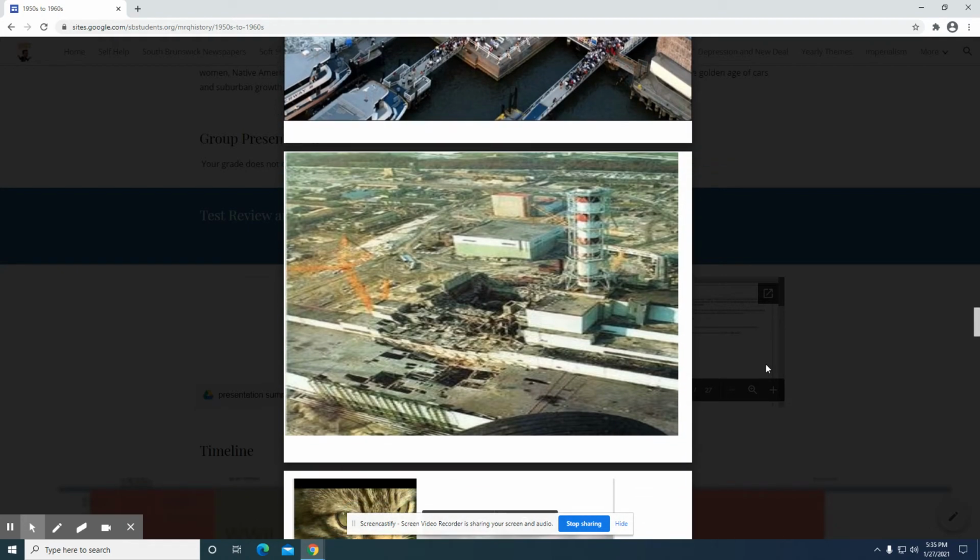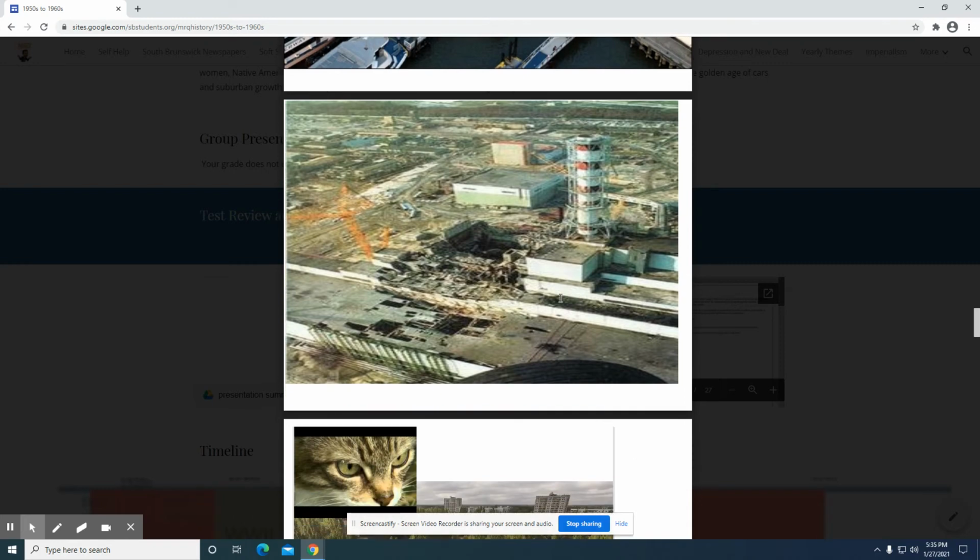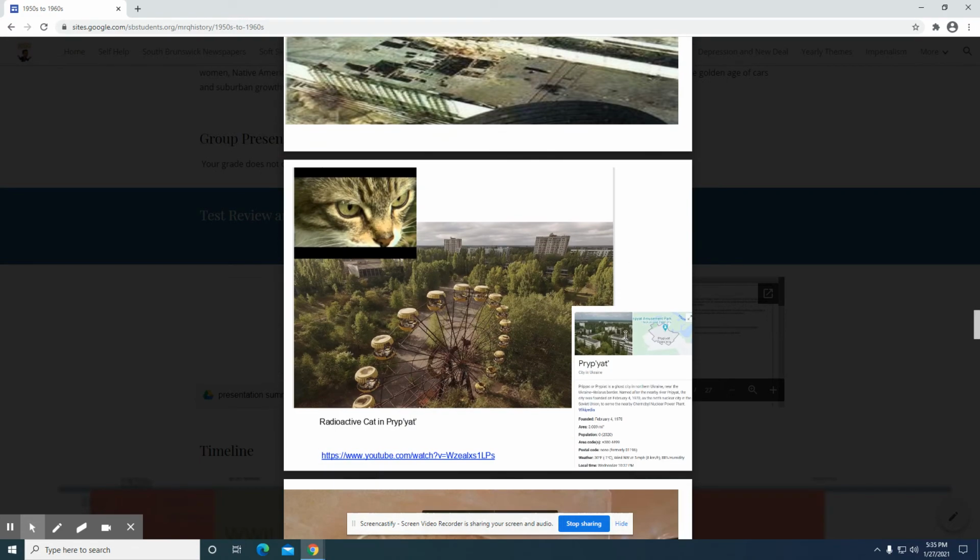This image here is an image of Chernobyl. And Chernobyl is under the control of the Soviet Union, so you'll have to go back to the presentations to get an idea of Three Mile Island and Chernobyl: Three Mile Island, the one happening in the United States, and then Chernobyl.